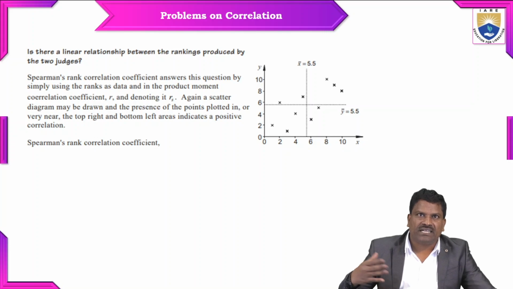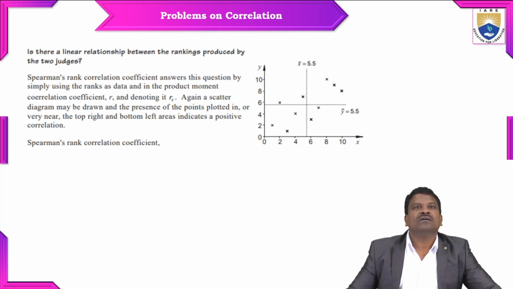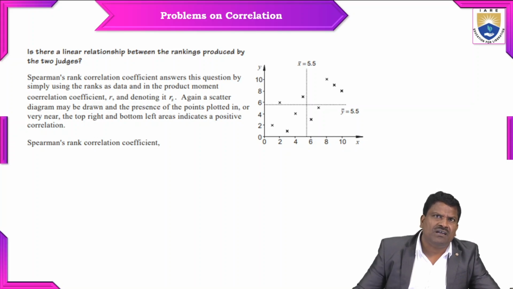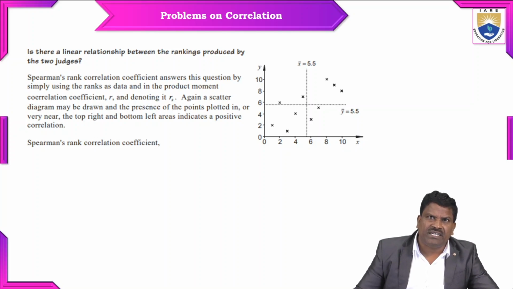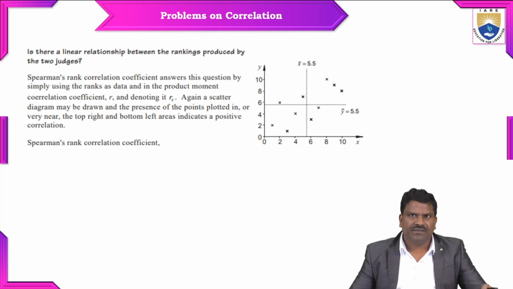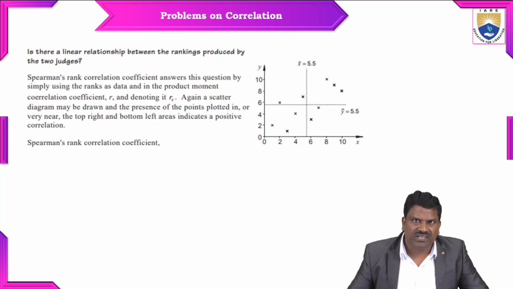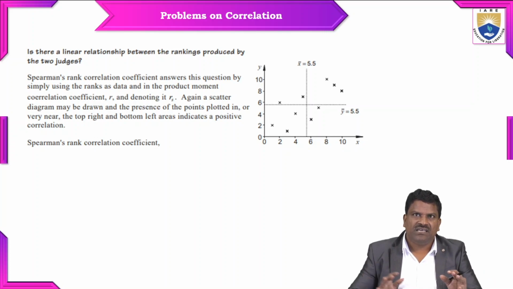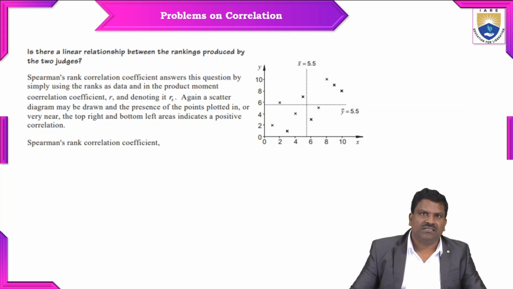Again, this is nothing but a scatter diagram. A scatter diagram may be drawn, and the presence of points plotted very near the top right and bottom left areas indicates a positive correlation.